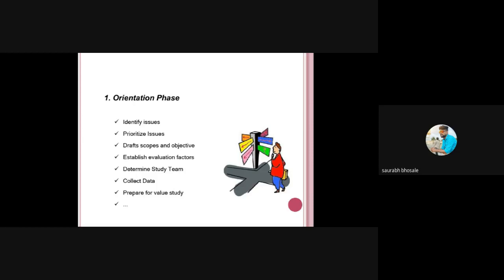In this manner detailed data will be collected, and the last one is prepare for value study. So this data will be available for the value study.